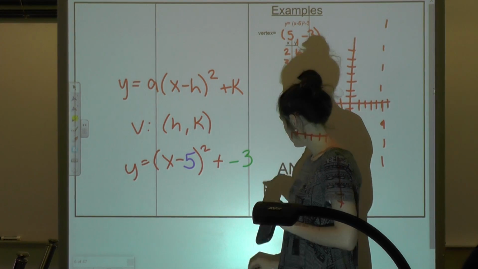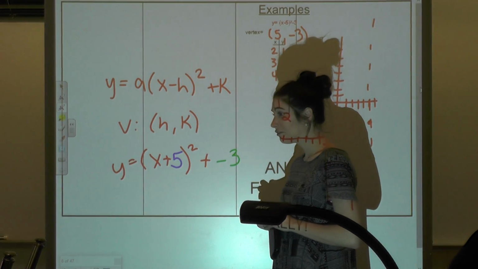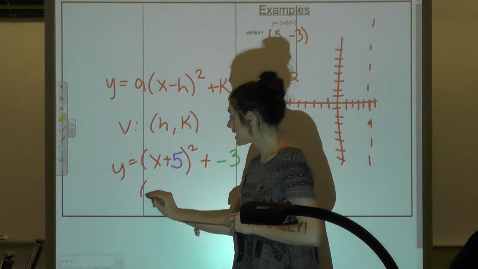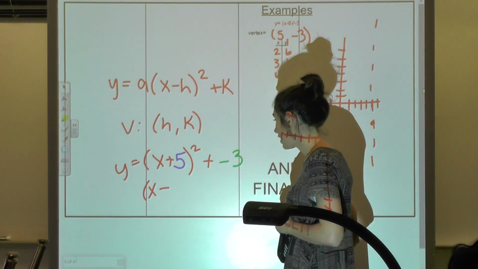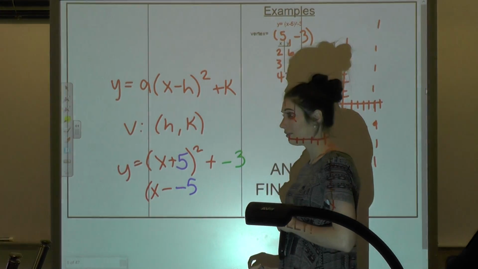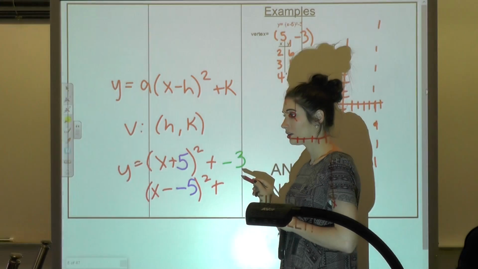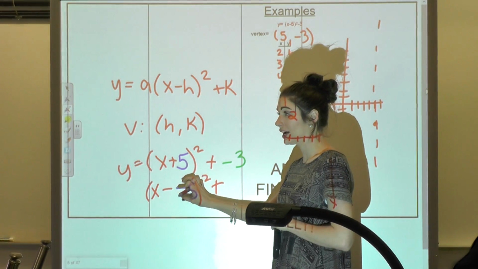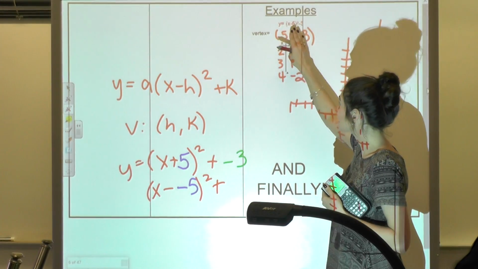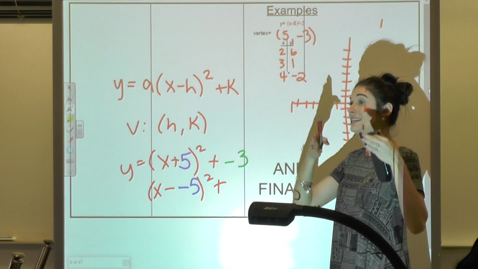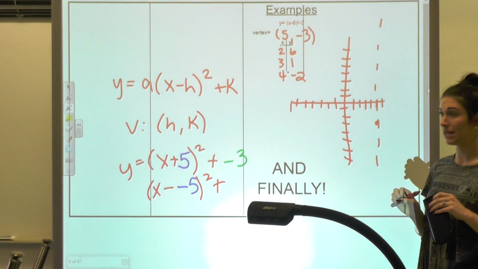If this was plus 5, that's like saying x minus, because I have to have it in the minus way, a negative 5, parentheses squared, plus a negative 3. So it's always going to switch for your h. Even though it looks like you want to just take it and say it's negative 5, no it's not. Because it has to be in the form of minus. So since it's in minus, you're just taking the h value, which is 5. Does that make sense?